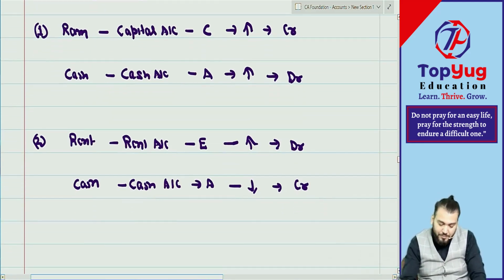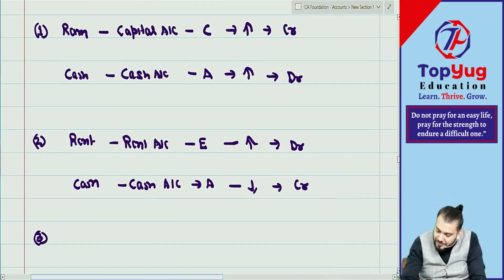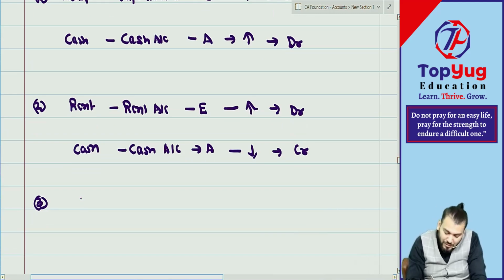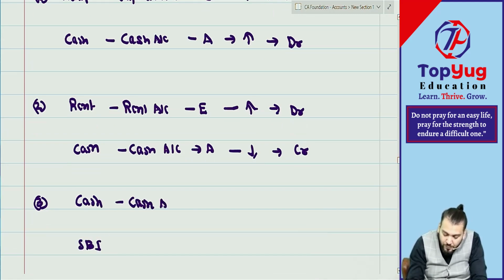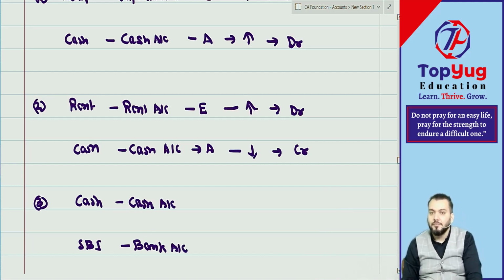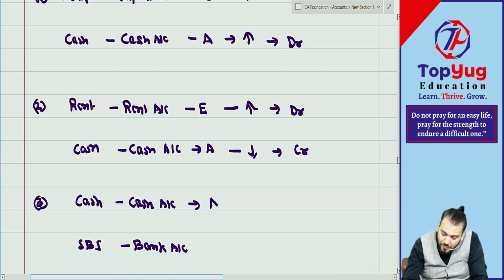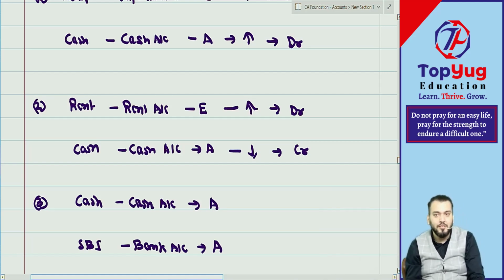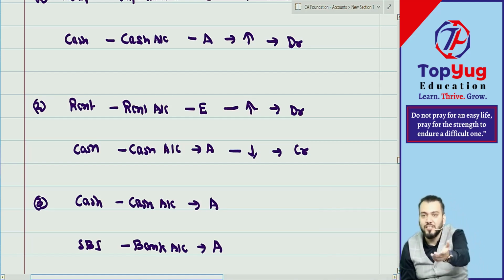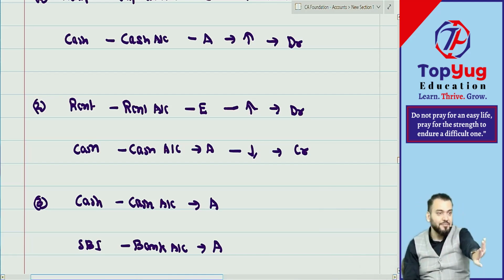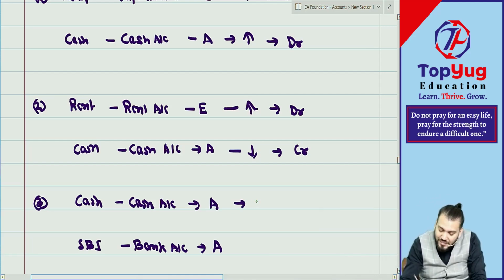Correct. Then what? Point number three. What was point number three? Cash has been deposited to State Bank of India. So for cash we open an account, and for State Bank of India we can open either SBI account or bank account. That you have understood. बताओ. Cash is what? Bank is what? Asset only. Both are assets, because an amount receivable from an artificial person is also an asset. बताओ.